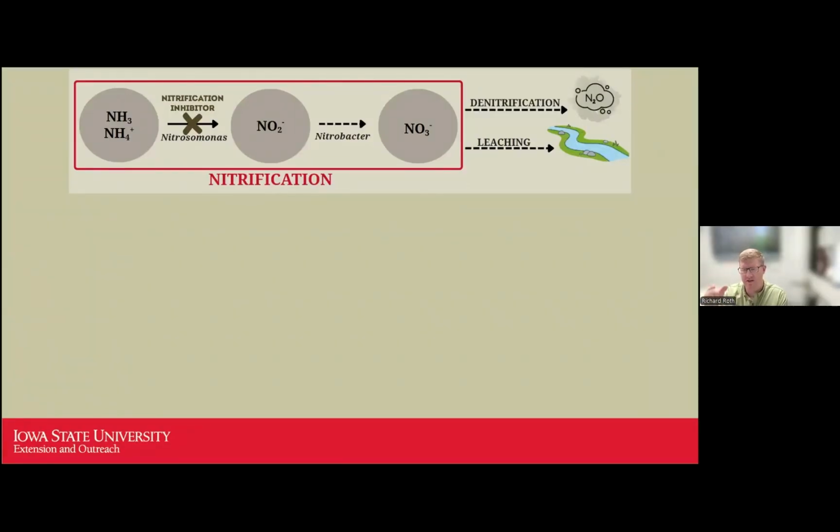And so if we targeted the second step, what we would end up with is a buildup of nitrite in our soils, which we don't want. And so we target the first step. That way, what amount of ammonium does make it through to that nitrite can finish out and become nitrate in our systems, which is a form that plants can actually use.